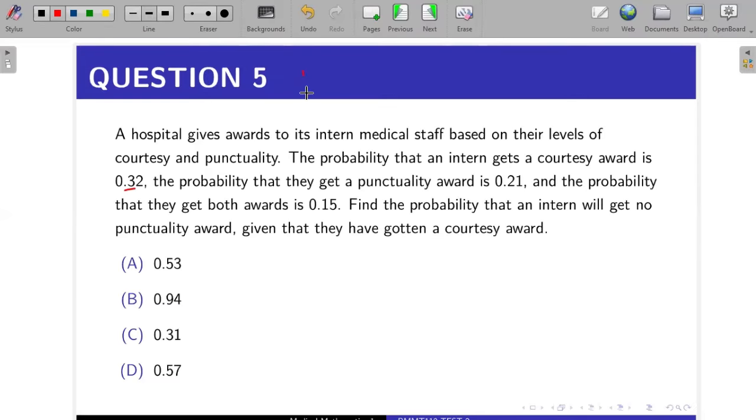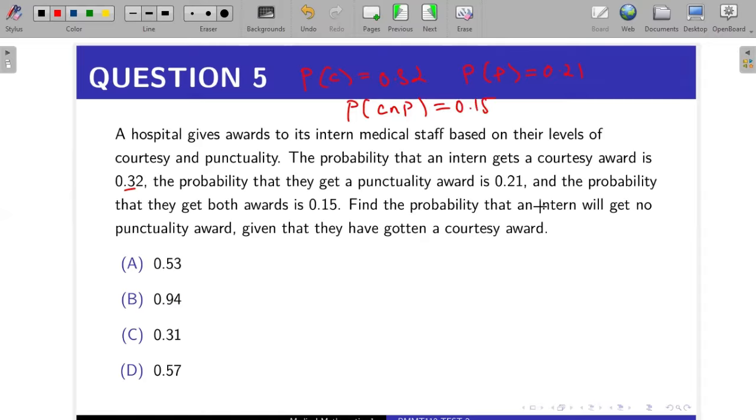So courtesy, let it be the event C. So the probability of C is equal to 0.32. And then the probability that they get a punctuality award, so probability of P is equal to 0.21. And the probability that they get both, meaning probability of C intersection P, is just equal to 0.15.